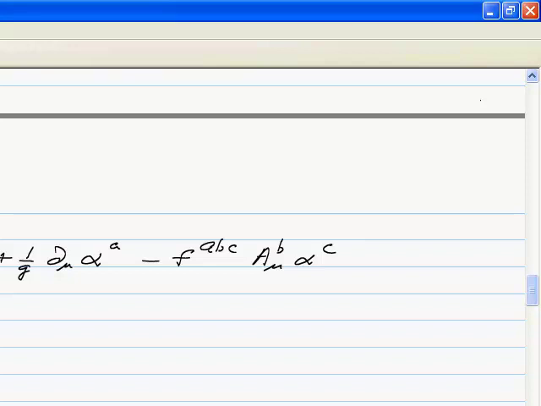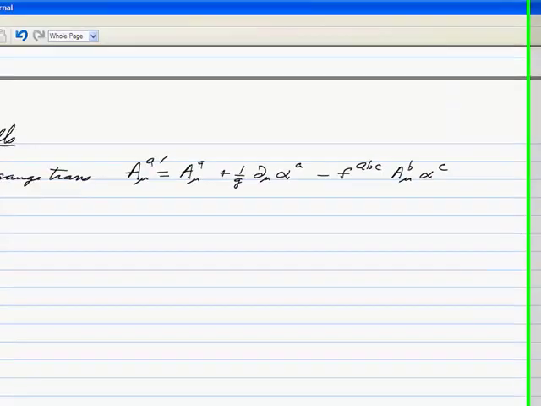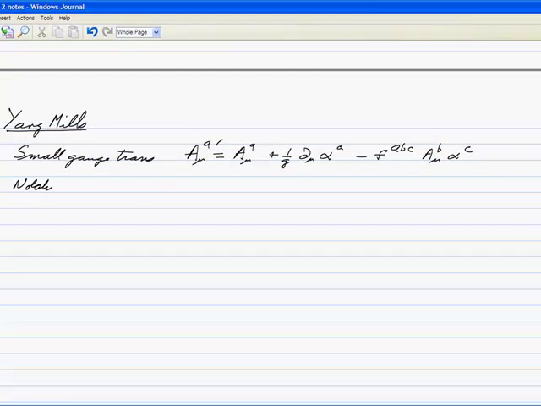So here in our example now, our notation goes alpha^a goes to theta^a.